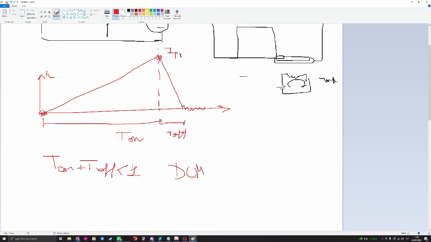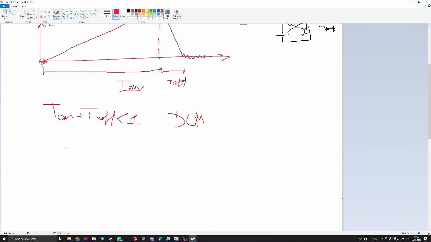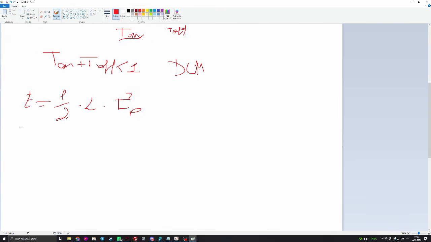And how can you calculate T on? It is pretty easy. You know that at each cycle, the energy of the inductor is 1/2 times L times I peak squared. Now, you know the relation between the energy and the power, so the power is equal to 1/2 L times I peak squared times the switching frequency.